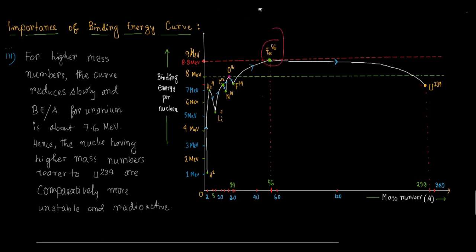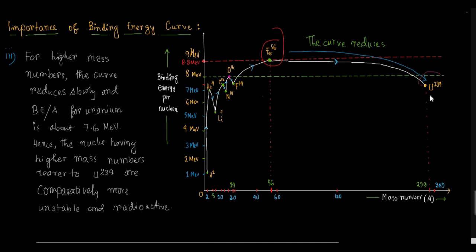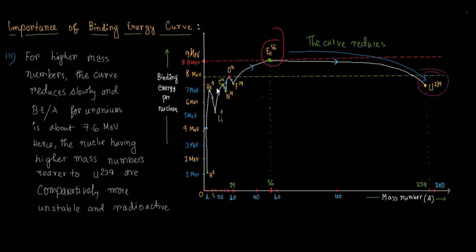So from Fe56, the binding energy curve reduces slowly. This curve has a downward curvature up to uranium 239. The binding energy per nucleon for uranium 239 is 7.6 mega electron volt.